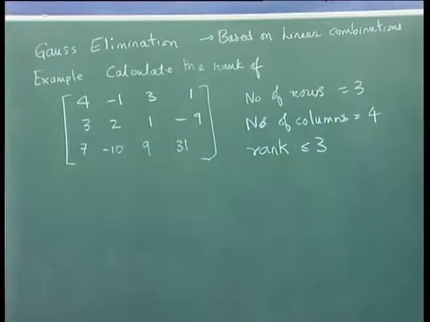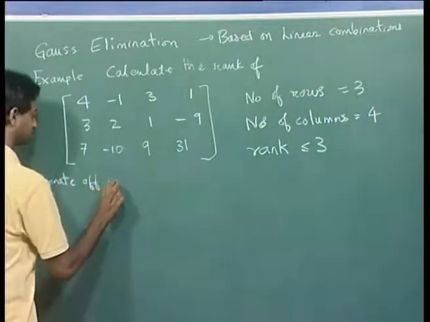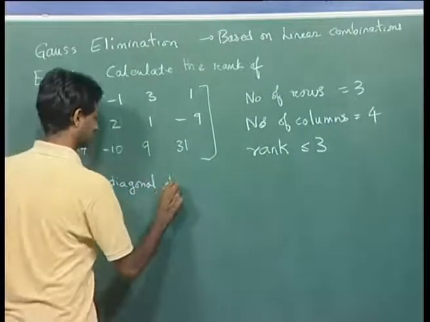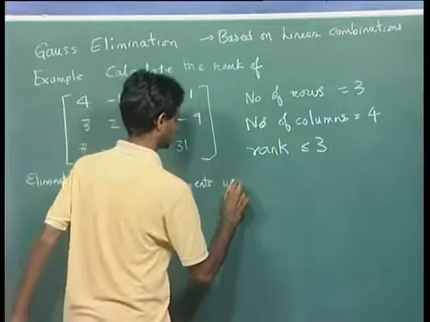Now in Gauss elimination, if you are working with the rows, what you try to do is eliminate the off diagonal elements using linear combinations.